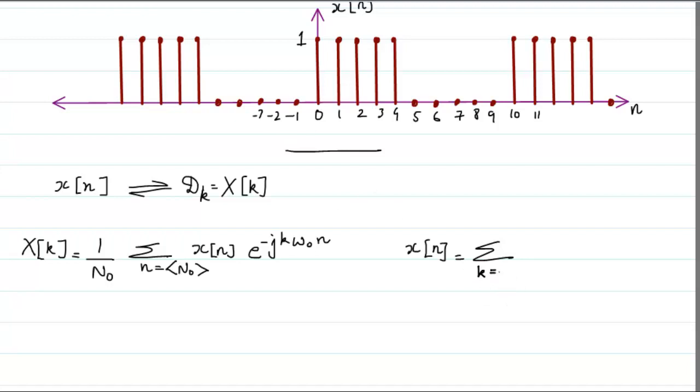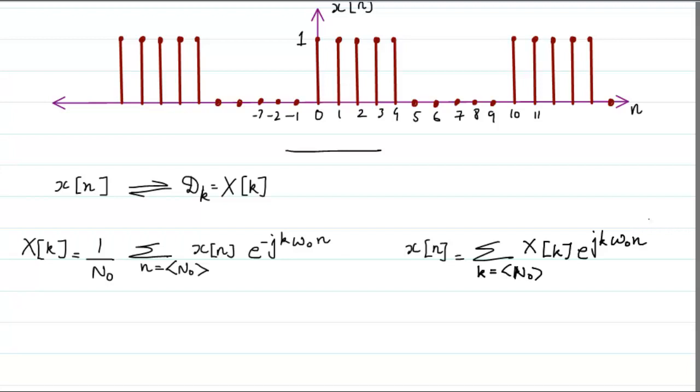So k goes over a period of N naught, X of k e raised to power j k omega naught n.